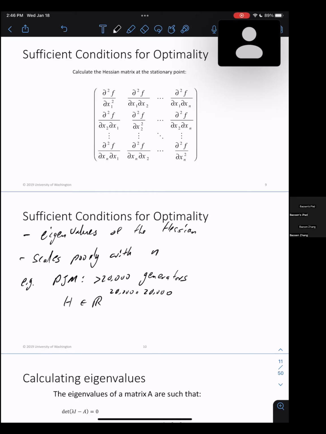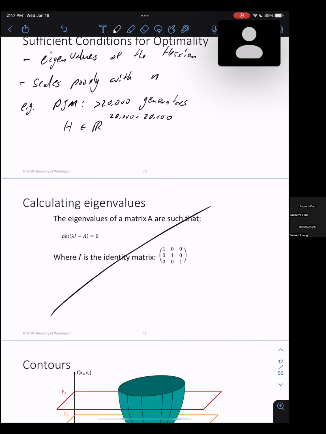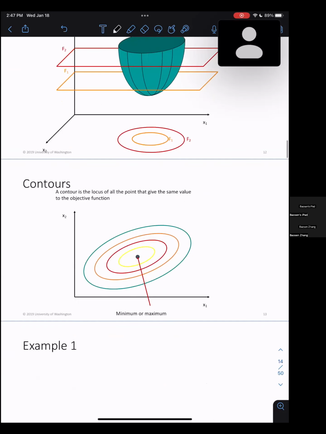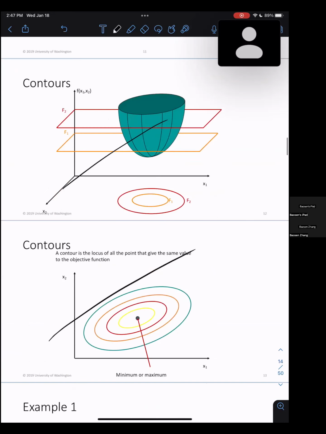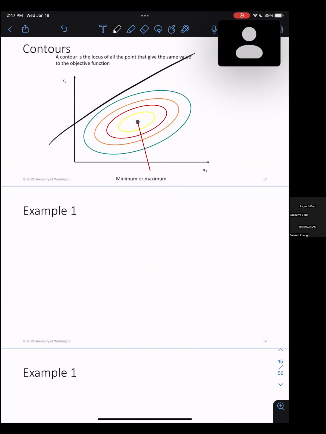So eigenvalues are something you can check for small problems, but for larger problems, they may not be the best thing to check. All right, so I'm going to assume you know how to compute eigenvalues, so we're going to skip all this eigenvalue computation. But remember that for these examples in class, you can do it. For larger problems, it's not a great idea.